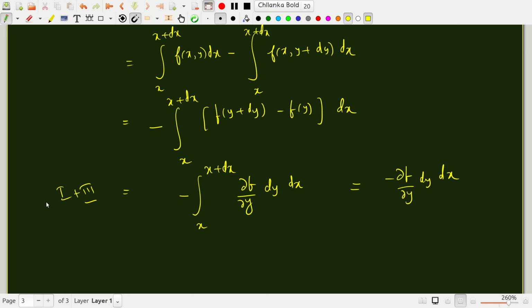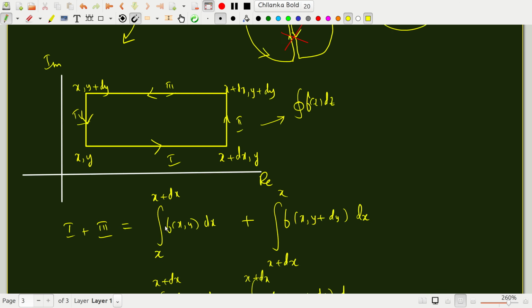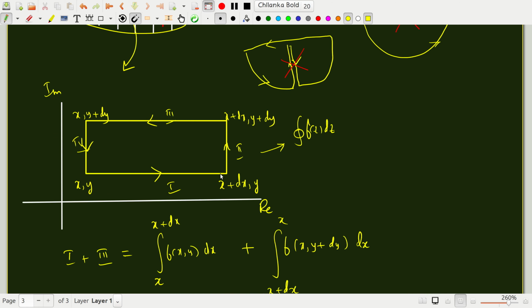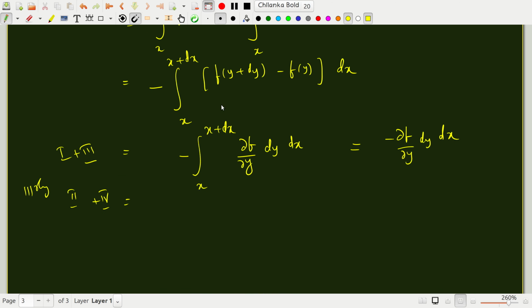Similarly, 2 plus 4 will give me, see, the only thing you have to realize along 2 is that the incremental part is I dy, because you are going in the imaginary plane. Otherwise, all these steps remain the same, and you will get I partial f partial x again multiplied by dx dy.